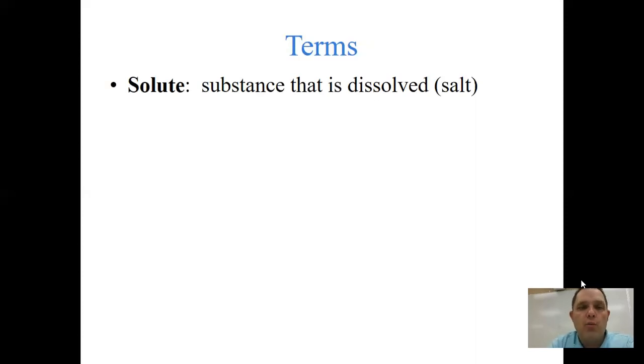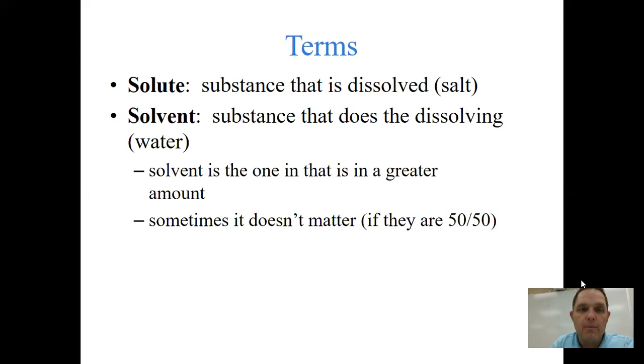Our first term we need to know is the solute. The solute is the stuff that is dissolved in the substance, and a good example of this is salt. Now, you need a solvent to do the dissolving. And now there are other solvents than water, but in our class, water will be pretty much the only one we use.